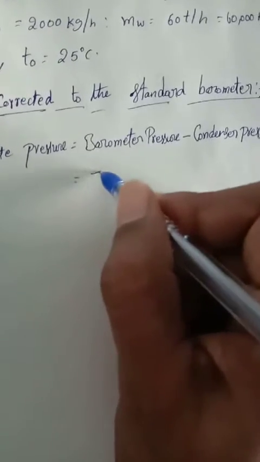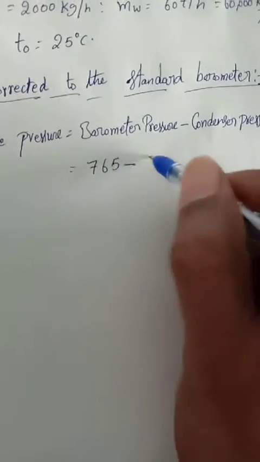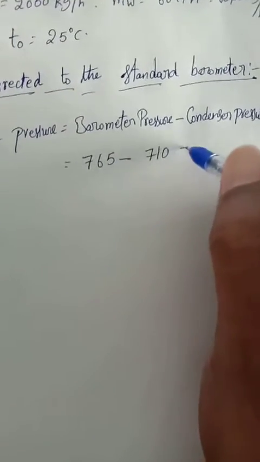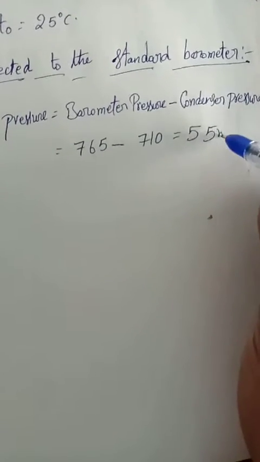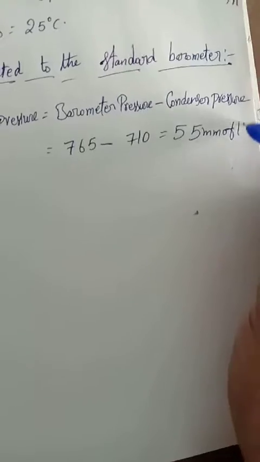So barometer pressure is 765 minus condenser vacuum is 710, that is equal to 55 mm of Hg.